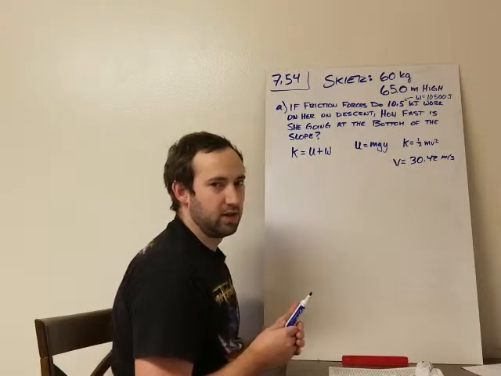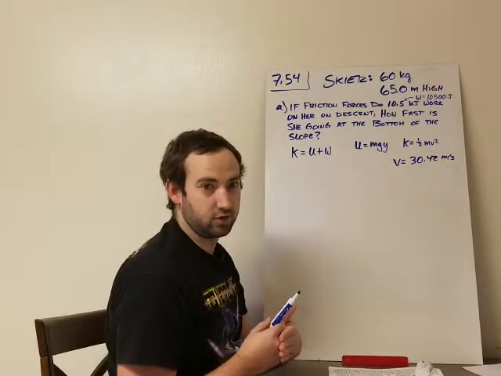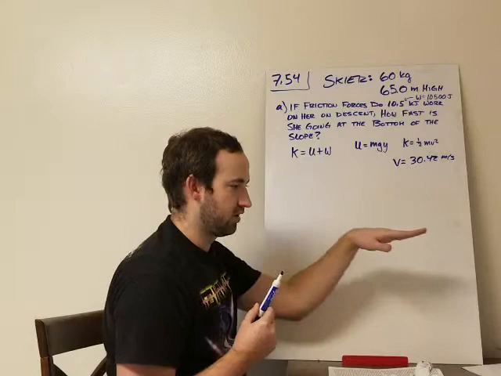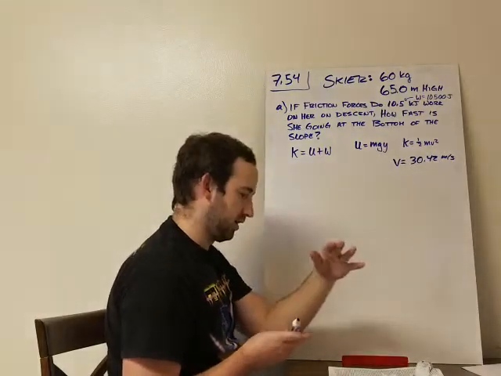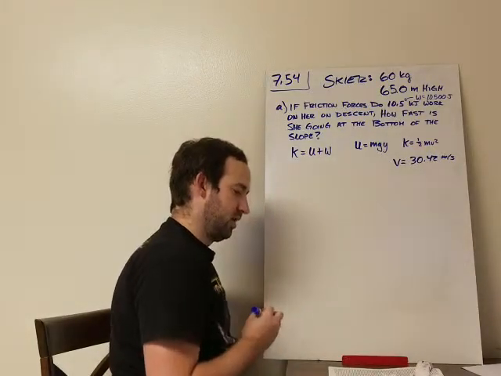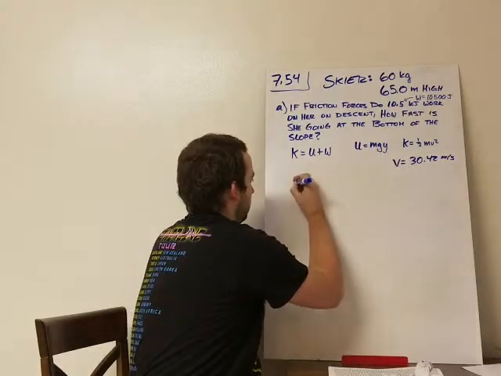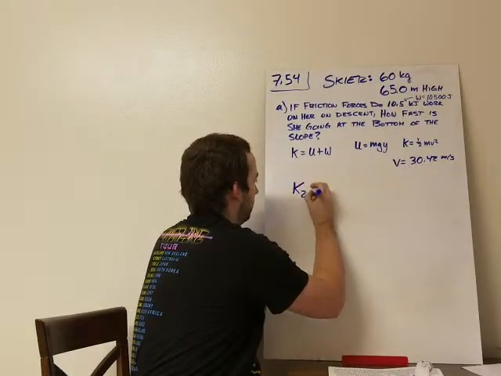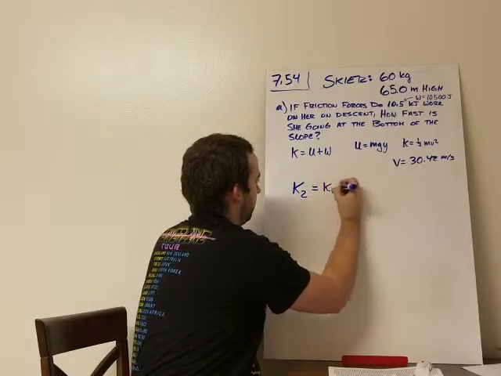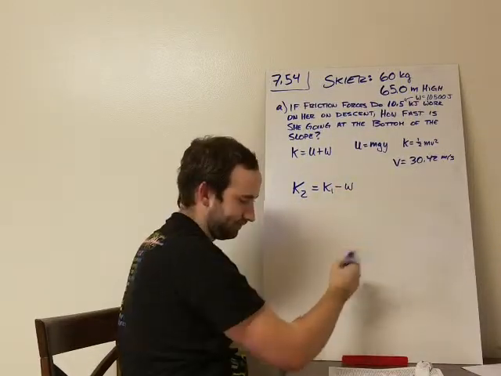The nice thing is there's no potential energy because you're moving horizontally, so it's all kinetic at this point. So we know that K2 equals K1 minus work.